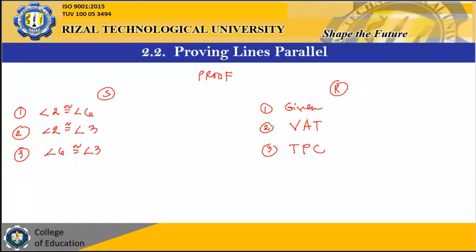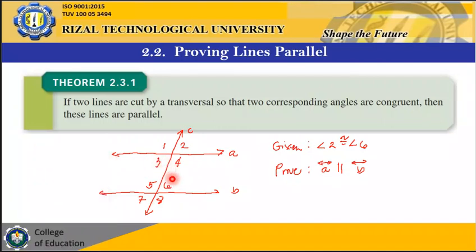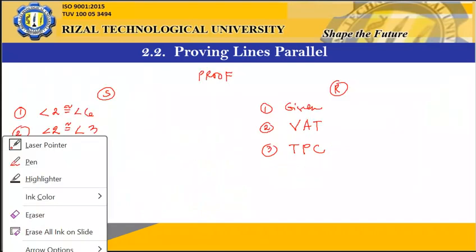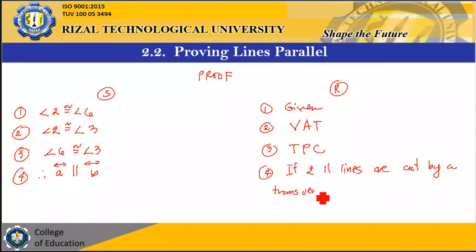And therefore, since angle 6 is congruent to angle 3, and we know that angle 6 and angle 3 are alternate interior angles, we can conclude that line A is parallel to line B. And the reason is, if two parallel lines are cut by a transversal, then the alternate interior angles are congruent. And this ends our proof.